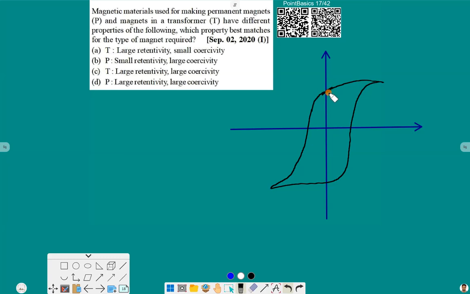The coercivity retentivity graph looks something like this, and we have B here and we have H here.